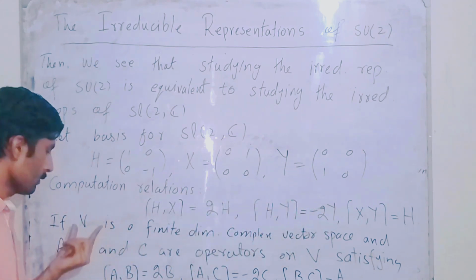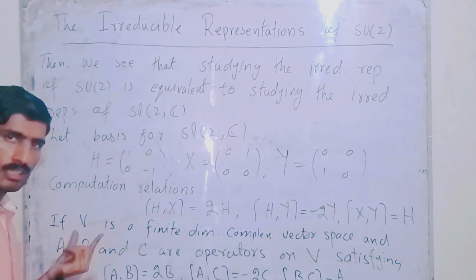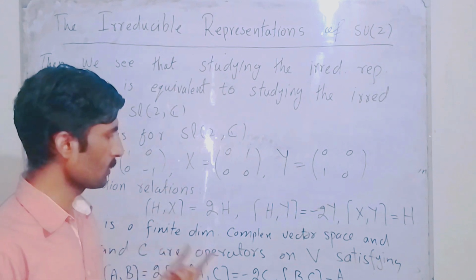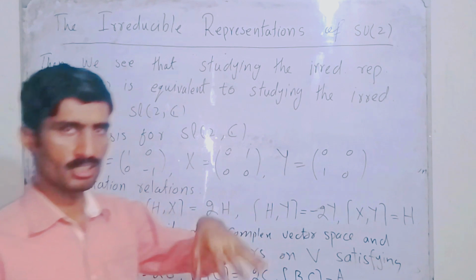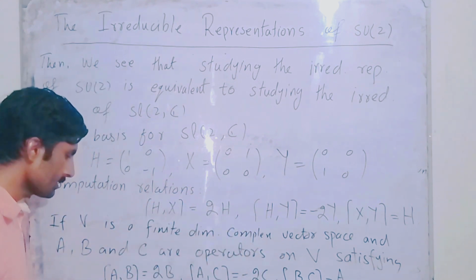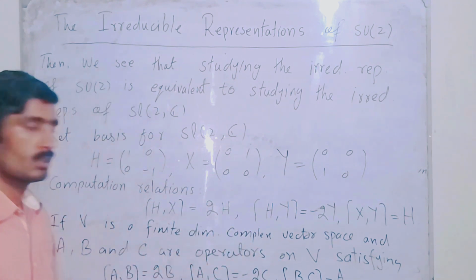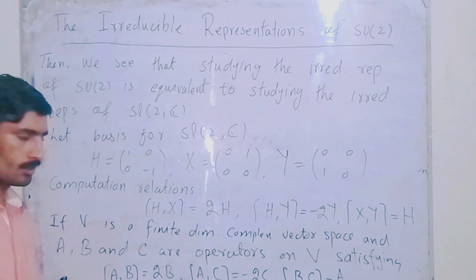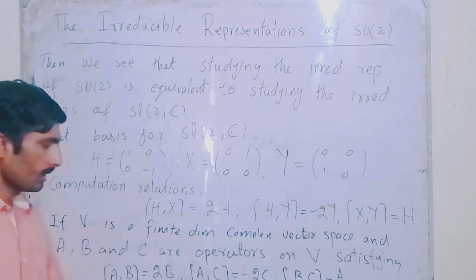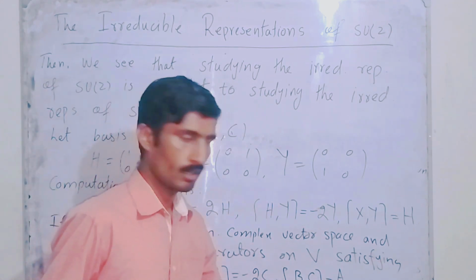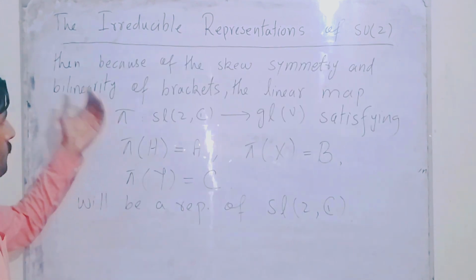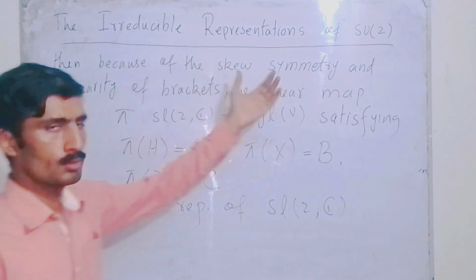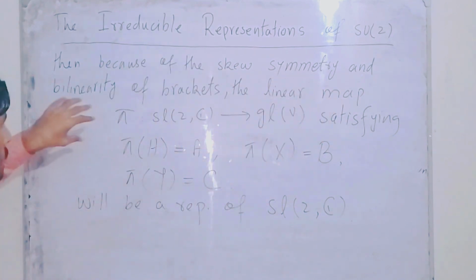Then we take a finite dimensional complex vector space and three operators defined A, B, C. We define the three operators such that these commutation relations are satisfied, right? Here is 2B, minus 2C and A, right? You can see that their commutation relationships are the same because of the skew symmetry and by linearity of the bracket.